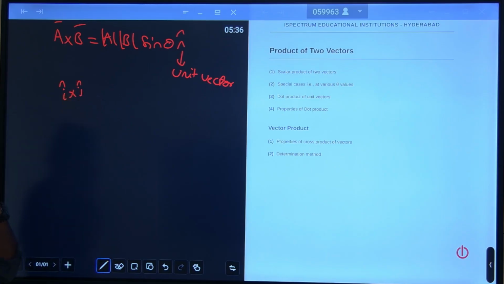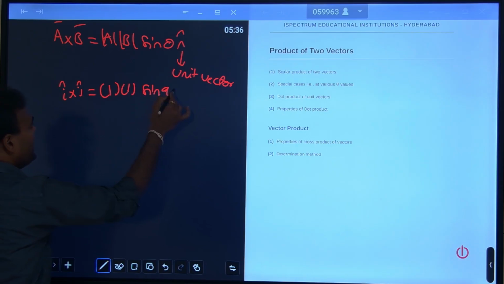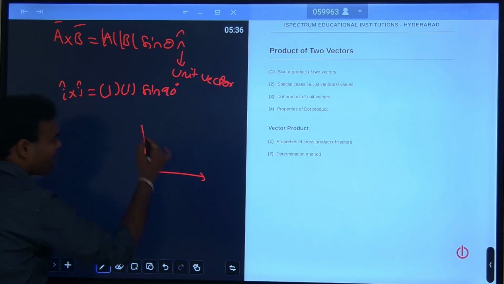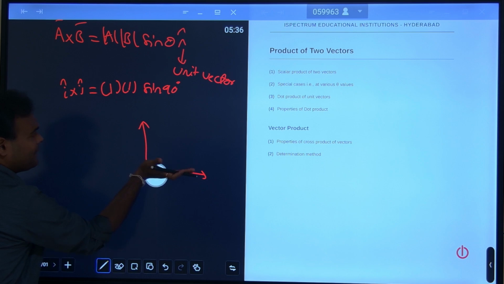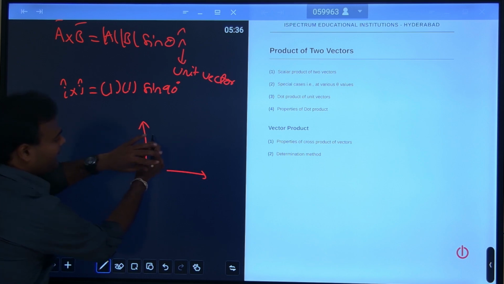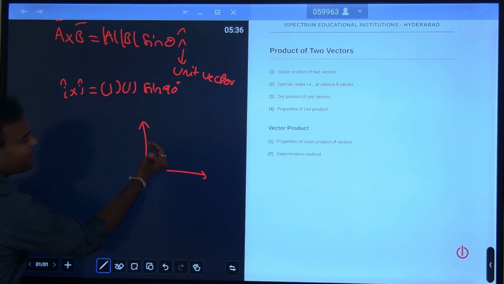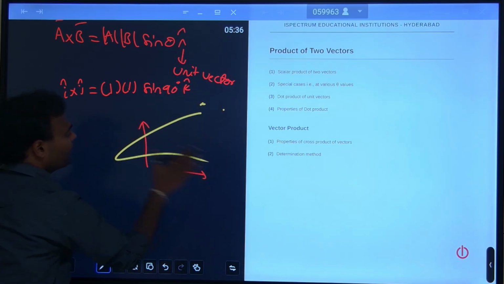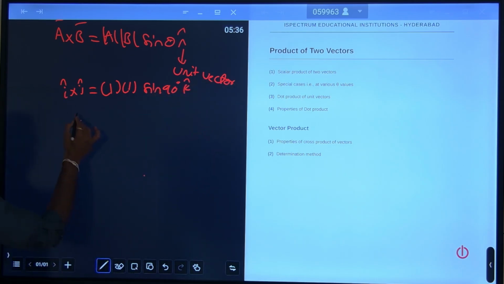Here i and j have magnitudes 1 and 1, sin 90, and n cap means, from i to j, if I am rotating my fingers, then the thumb gives the direction of the resultant, that is k.